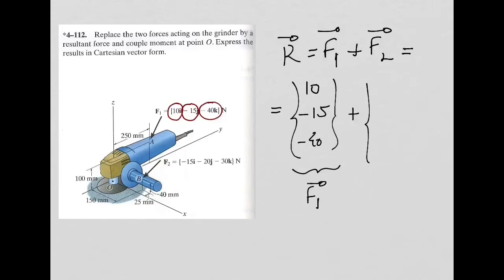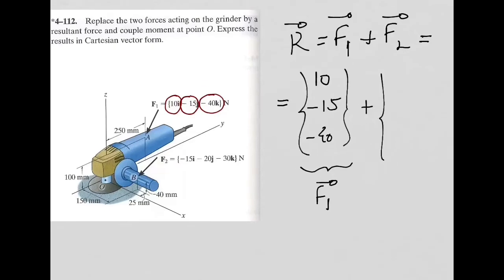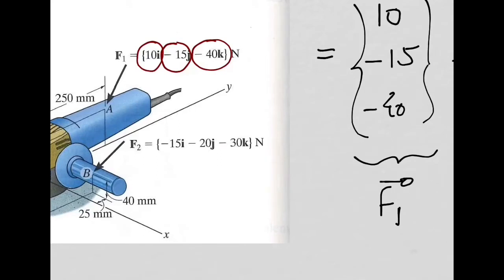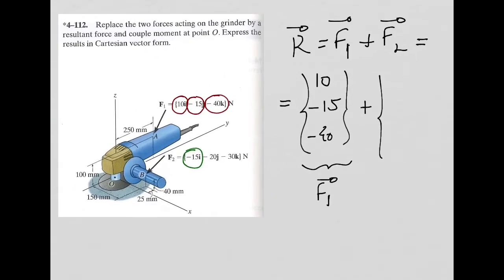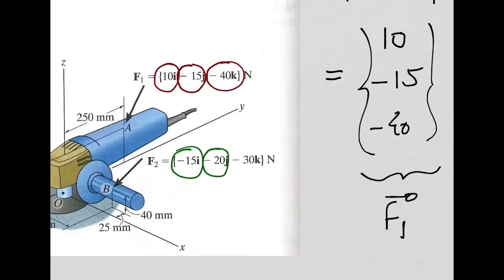I need now to add my force vector F2. My x component of this F2 is minus 15. My y component is minus 20, this one, right?